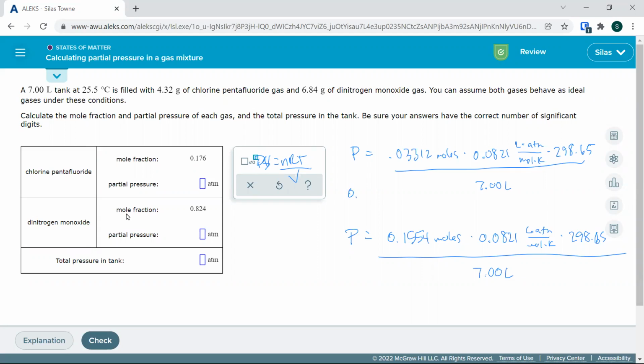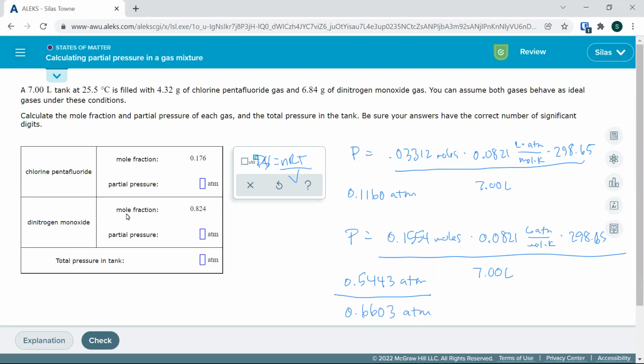So I get 0.1160 atmospheres and 0.5443 atmospheres. Now, if I total those up, 0.6603.